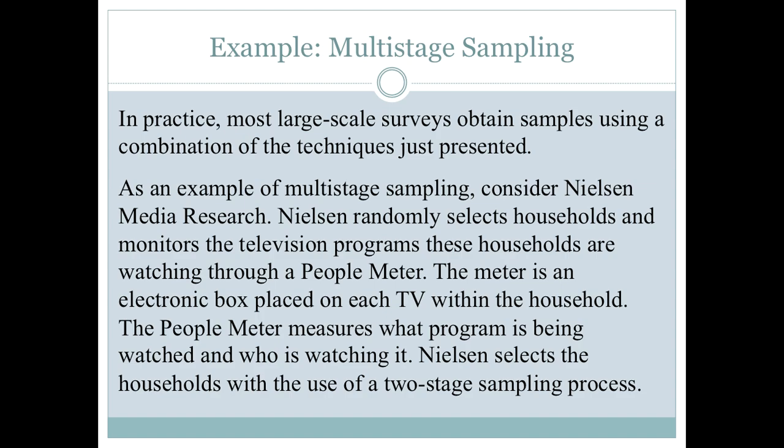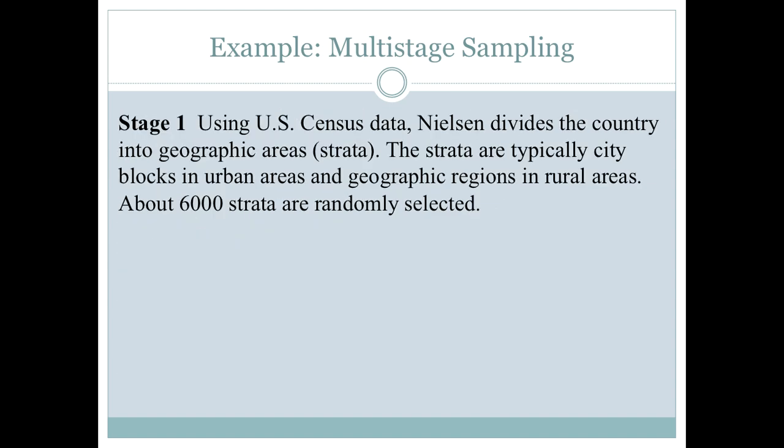So Nielsen selects the households using a two-stage sampling process. The first thing that they do is they use census data to divide the country into some kind of geographic areas, okay, and I'm not sure what those geographic areas are. It says typical city blocks in urban areas, and then geographic regions in rural areas.